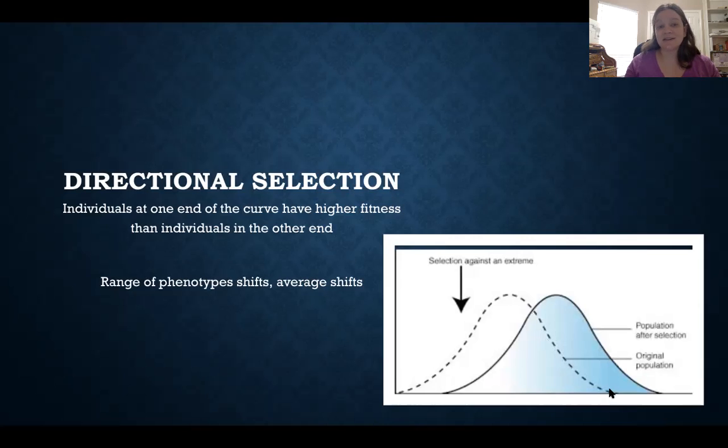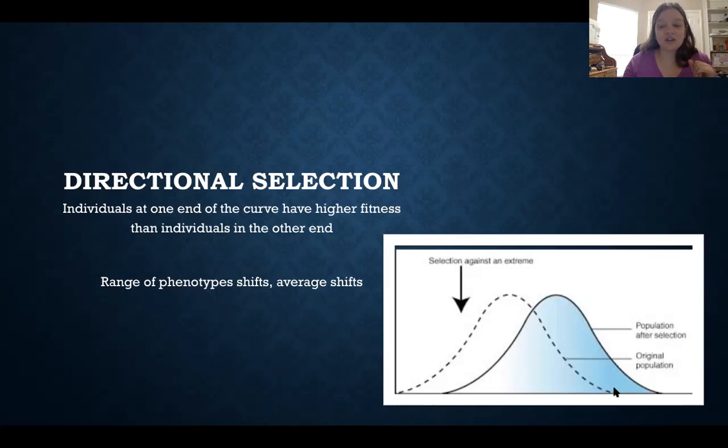Let's say this is those finches we've talked about a couple of times, where the larger your beak size, the more you were able to branch out and eat other types of food. The smaller beaked individuals really couldn't do that, so they all died. That pushes our curve to the right, towards larger and larger beak sizes.